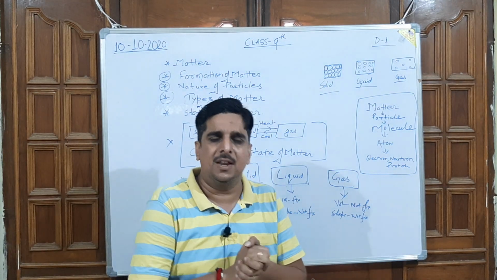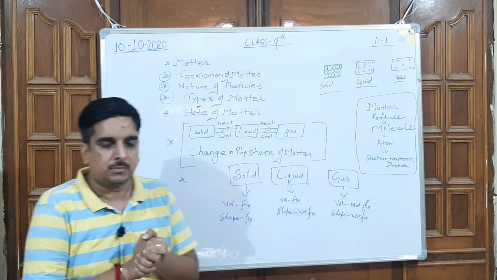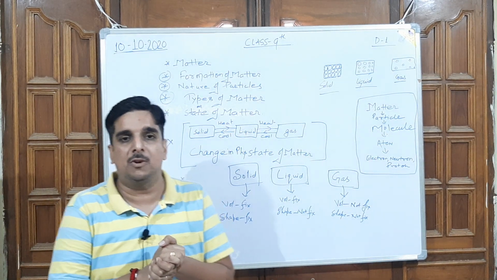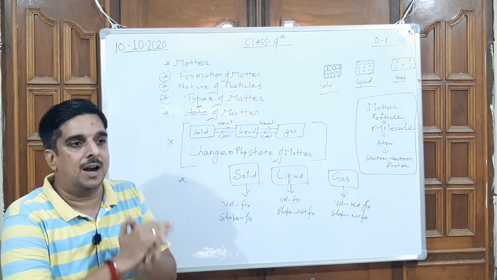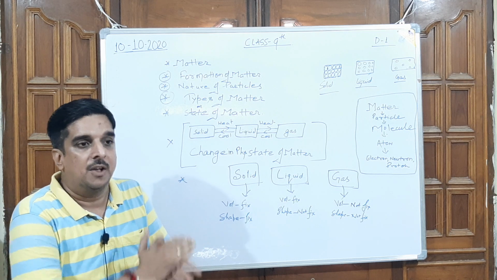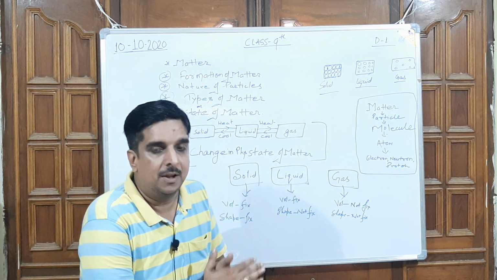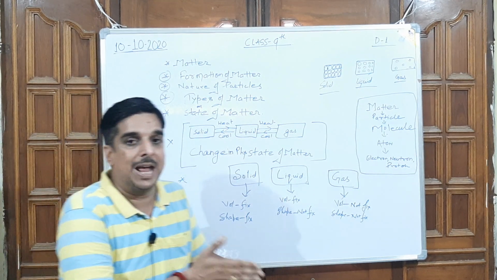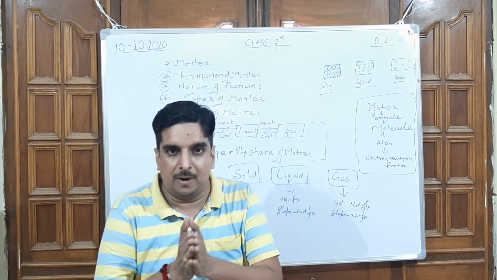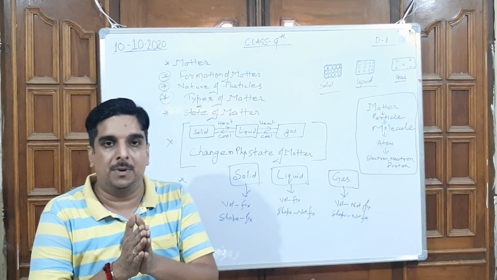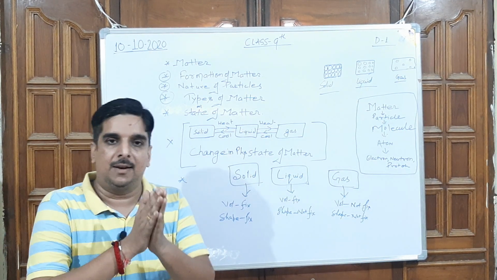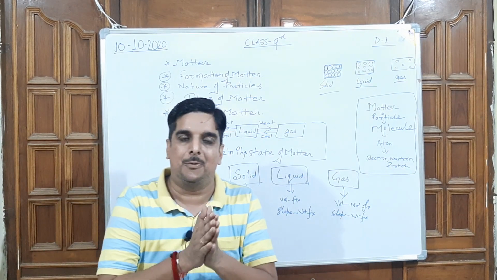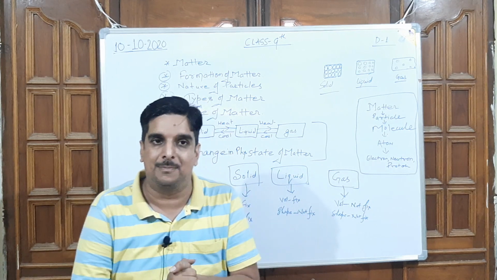Due to the characteristic of particles, matter is divided into three types: solid, liquid and gas. These are known as states of matter. Here one more thing might come up: sir, you are just telling about solid, liquid and gas, where is the plasma?